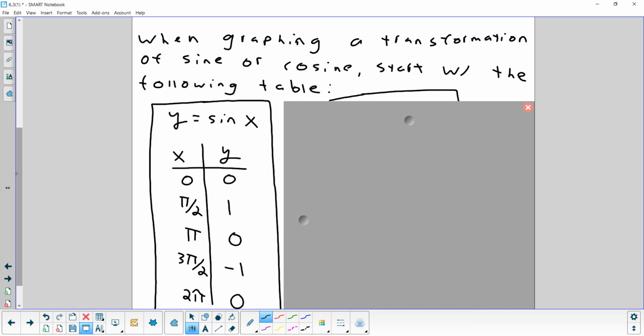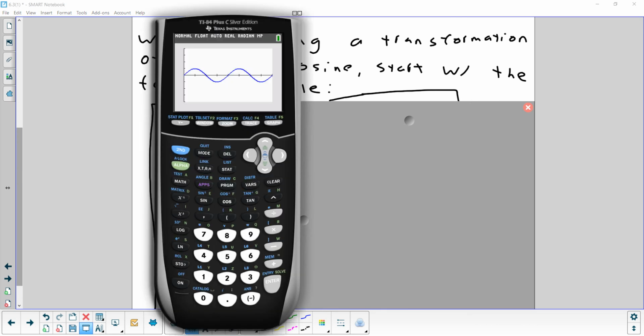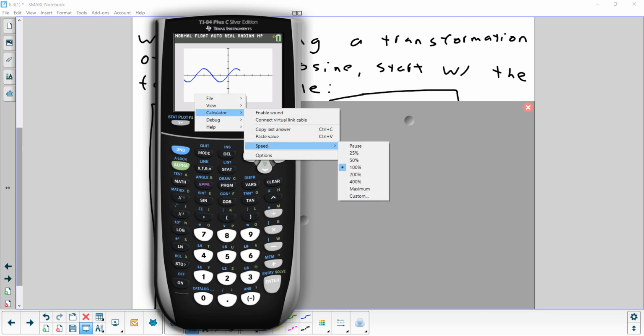All right. Now let's think about cosine. Cosine was a little different. It's still a wave, still between negative 1 and 1, but it starts at a different point. Cosine does not start at the origin. Let me bring up the calculator and let's look at cosine. So this is sine again.